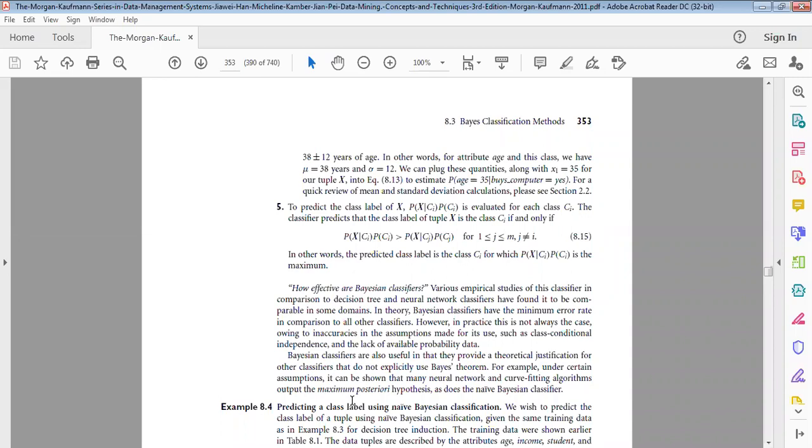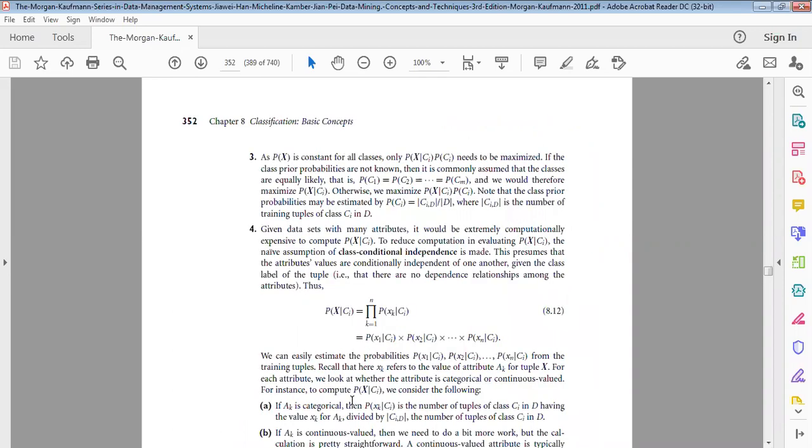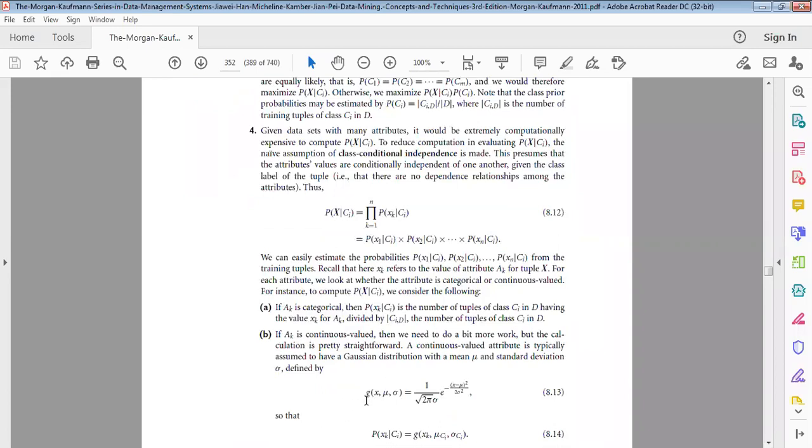We can plug these quantities, along with x equal to 35 for our tuple X, into equation 4.13. Here we have to represent it: g(x, mu, rho) = 1 / (sqrt(2 pi) rho) times e to the power minus (x minus mu) whole squared by 2 rho squared.